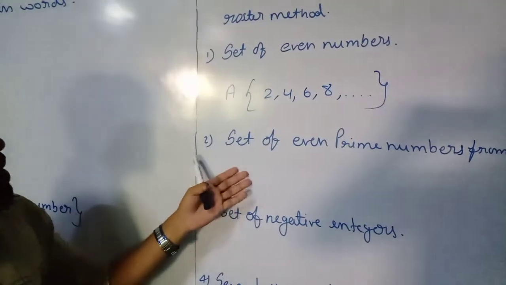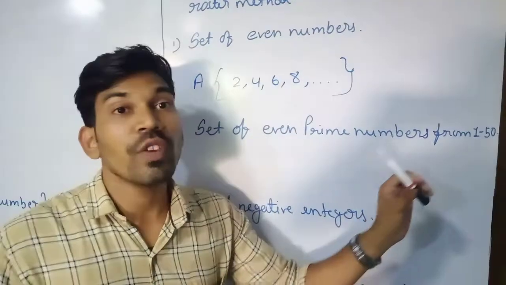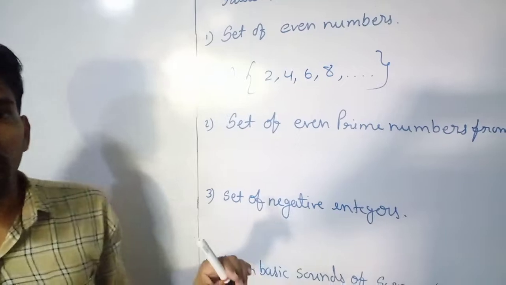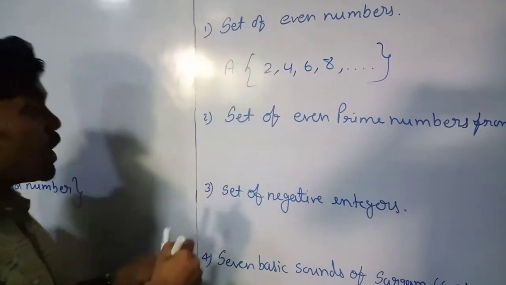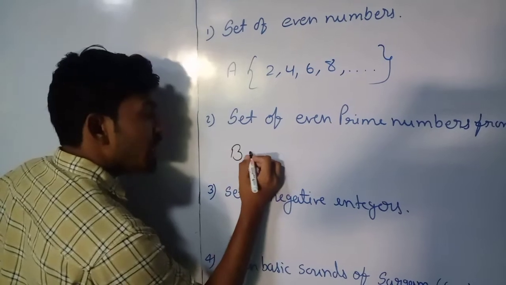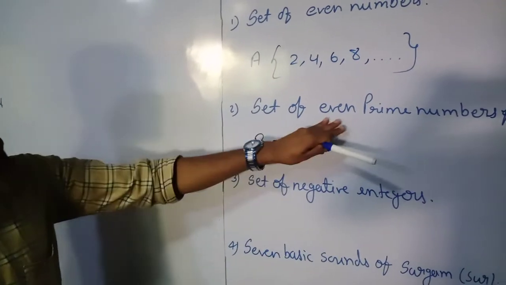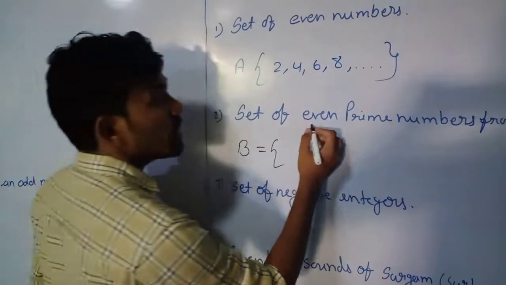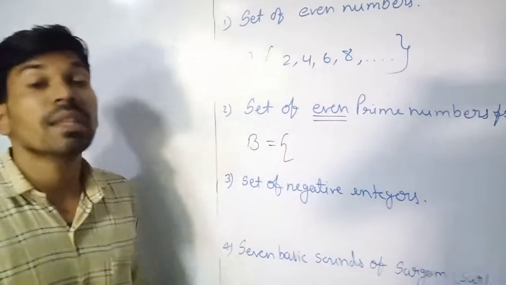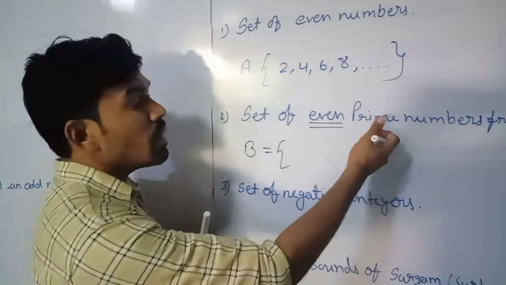The second one, set of even prime numbers from 1 to 50. Again we have to take any alphabet for the name, capital letters. I took B, set B is equal to, in curly bracket, even numbers. We learned in the first question, even numbers are the numbers which are divisible by 2, and prime numbers.